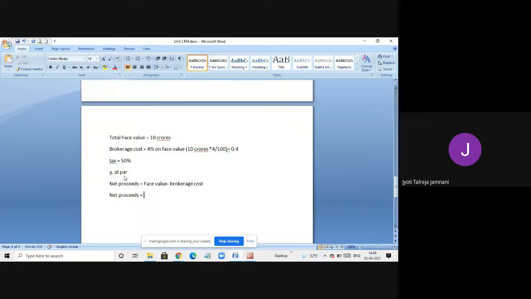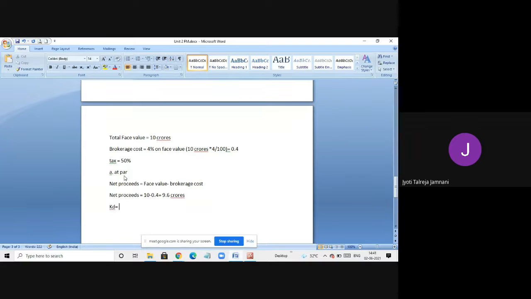So net proceeds is equal to face value 10 crores minus brokerage cost 0.4 crores. So you get 9.6 crores. Now we'll find the cost of debt.